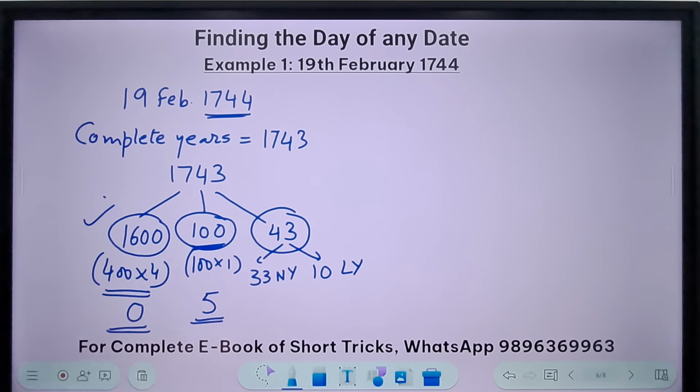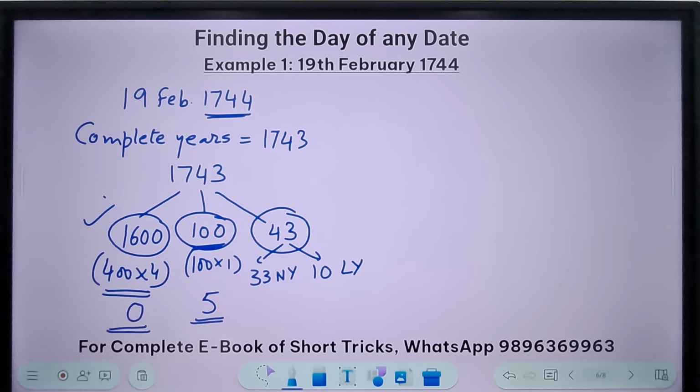But 8 is again greater than 7. So you have to take the remainder: 8 divided by 7 will have a remainder 1. So in the incomplete year you have 1 odd day. And therefore what you get here is total odd days are, in the complete years it is 2 and in the incomplete year it is 1.